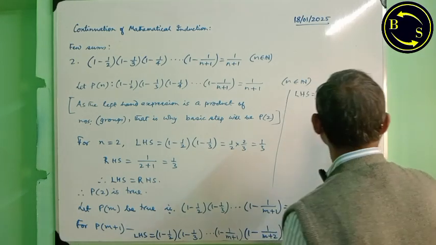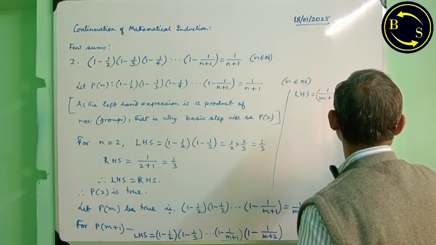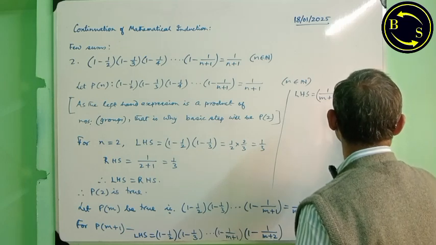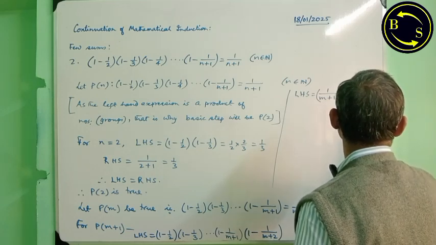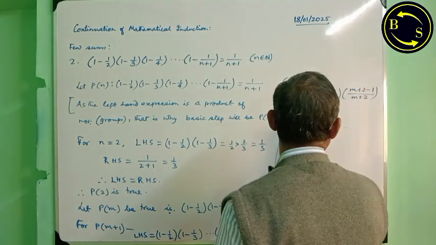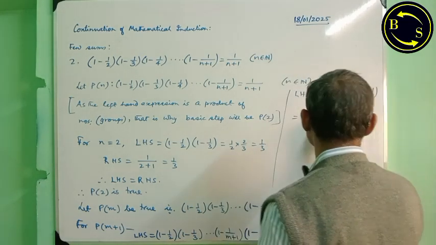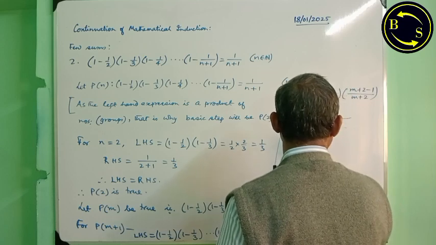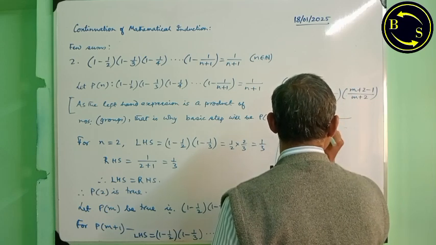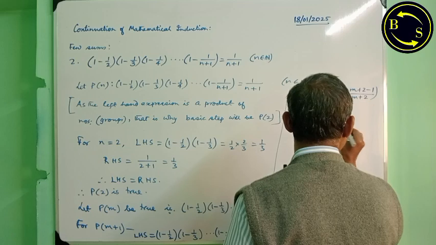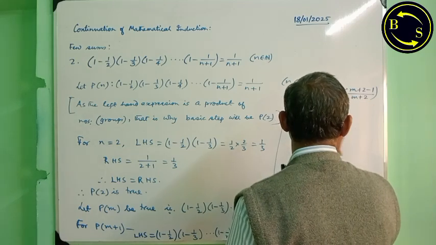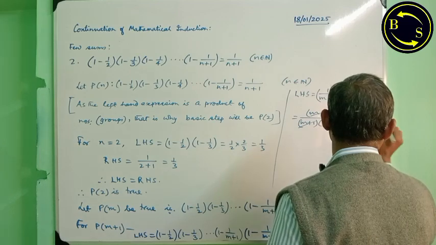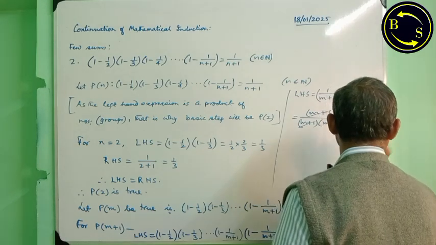We simplify that, it will be m plus 2 minus 1 divided by m plus 2. After simplifying, this is m plus 1, means m plus 1 by m plus 2, these two are cancelled. Final result is 1 by m plus 2.